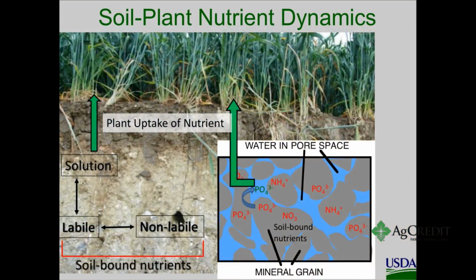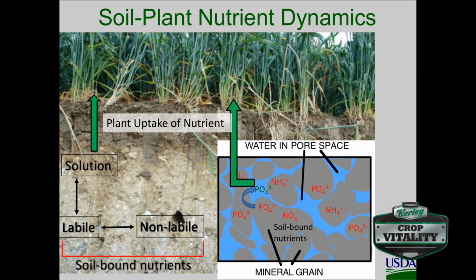Here's how it looks if we try and illustrate it a couple different ways. In the soil, you have your phosphorus. We very broadly categorize it into a couple different pools. You've got your soil-bound phosphorus. Within that, we can break it up into the labile pool and the non-labile pool. That's the phosphorus that's held very tight and the phosphorus that's not held as tight, and they're in equilibrium with each other. And that labile pool is in equilibrium with the solution pool.